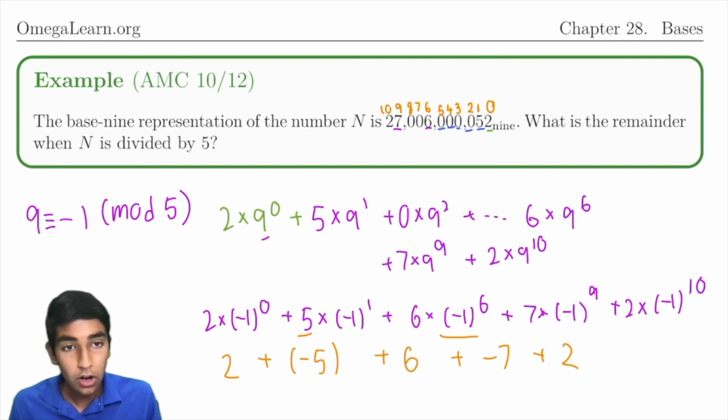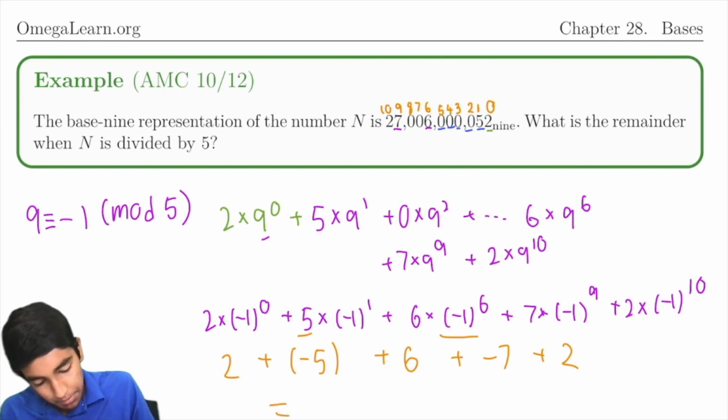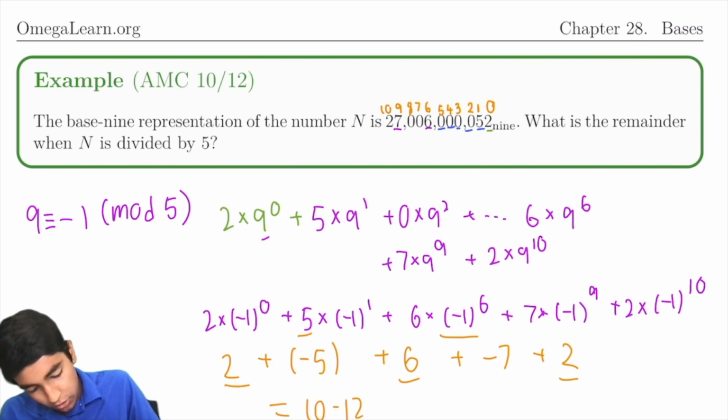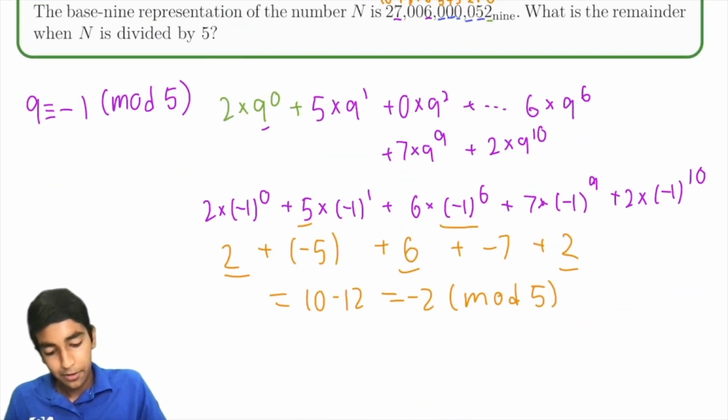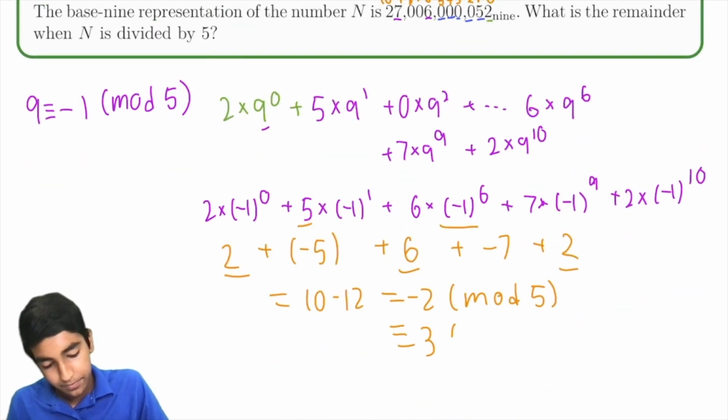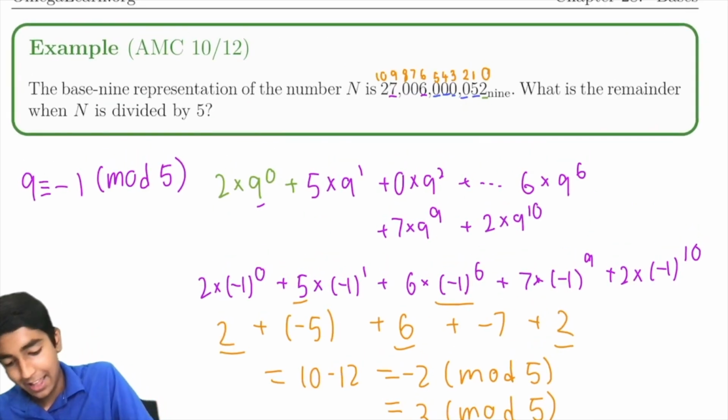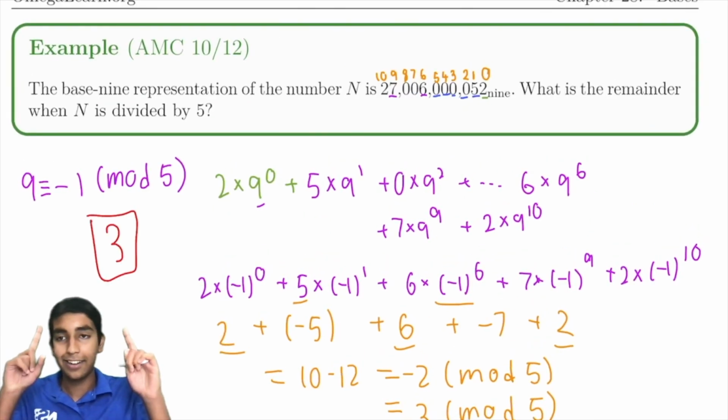So from here, what we can see is if we add all these up, we get 10 minus 12 is negative 2. So this is negative 2 mod 5, which is the same as 3 mod 5. So therefore, it leaves a remainder of 3 when divided by 5. And that is our answer.